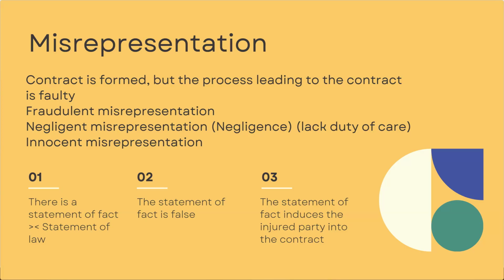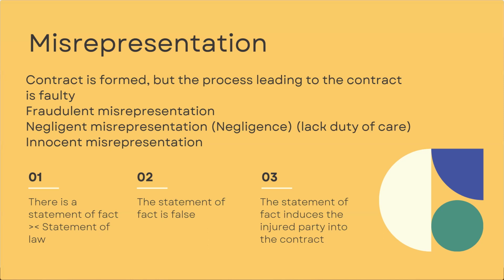But in certain situations, when a party tries to trick the other party into the contract, then that contract doesn't reflect the balance of power, doesn't reflect information symmetry. It doesn't reflect the free will of every party. So this kind of contract is defective, and it should be remedied in certain cases.